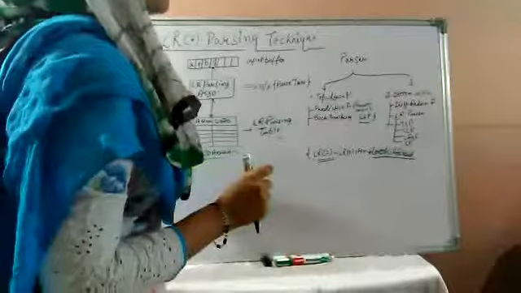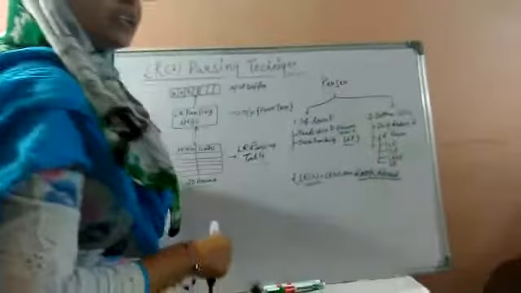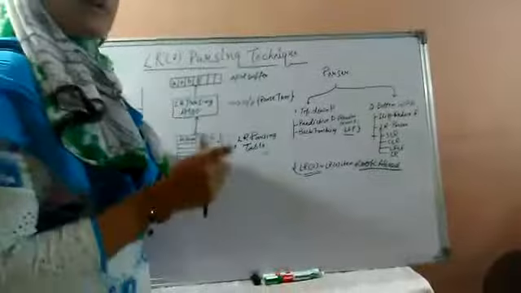First one is the top-down parsing technique, in which we parse the string from top to bottom and the root is expanded to leaves. Second technique is the bottom-up parsing technique, in which the string is parsed from bottom to root.